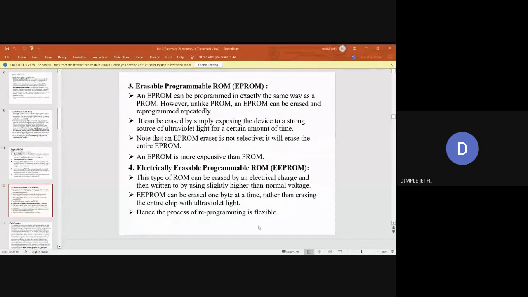But there is one more point in EPROM: if you have to make changes, you have to erase the entire ROM and then rewrite it. You cannot be selective. Suppose 40 or 50 instructions are written there and you want to change 4 instructions.